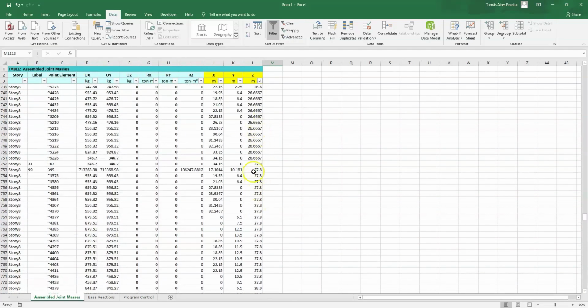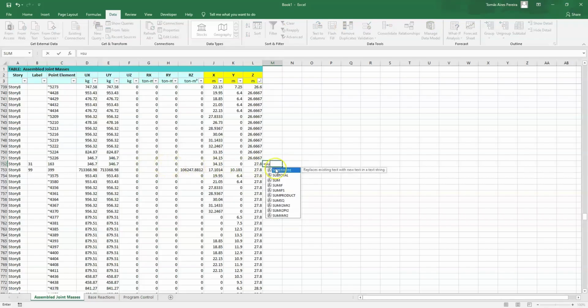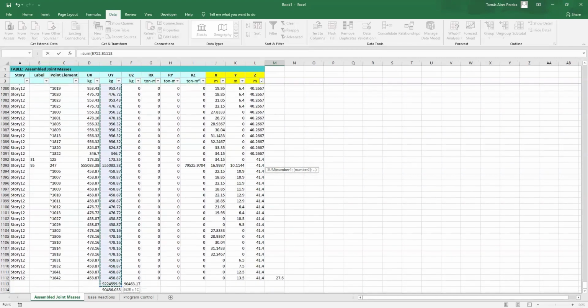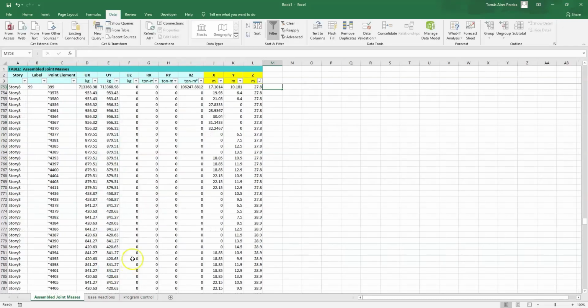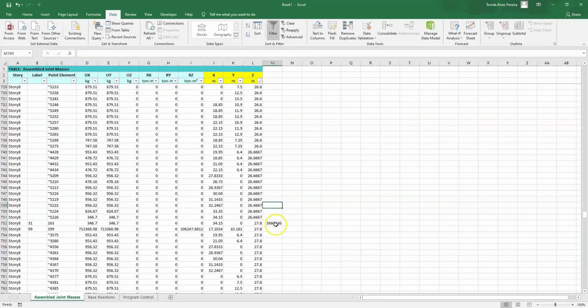We find the 27.6 position and sum all the values from that point up through the entire height of the building. Yes, we will start summing all the elements. We can see the value of the total mass here.